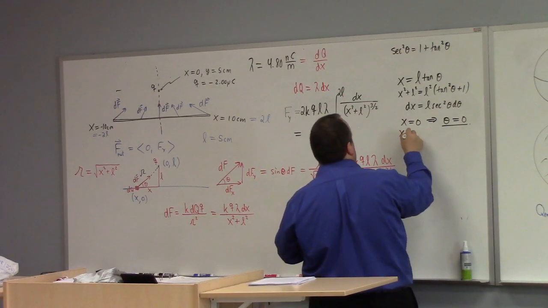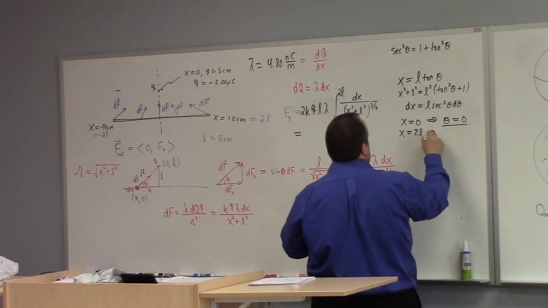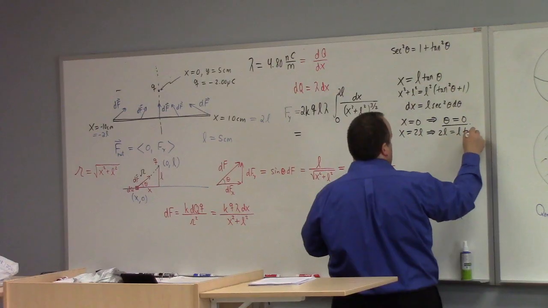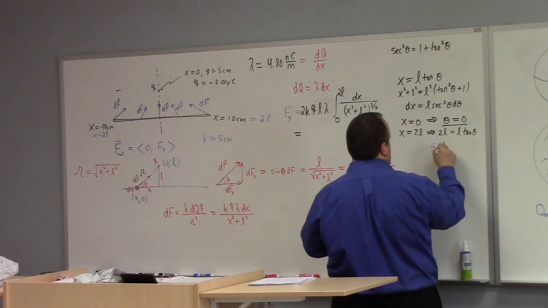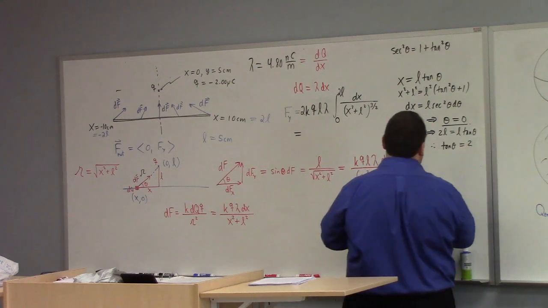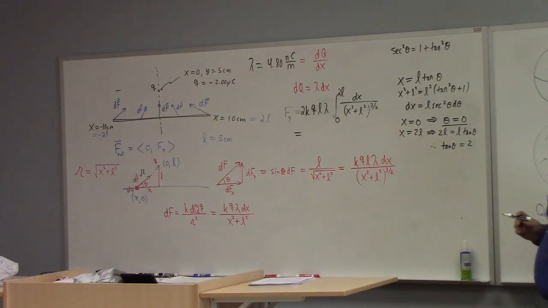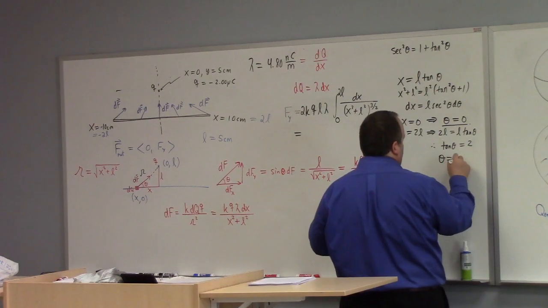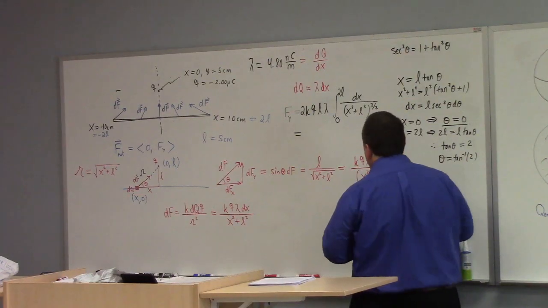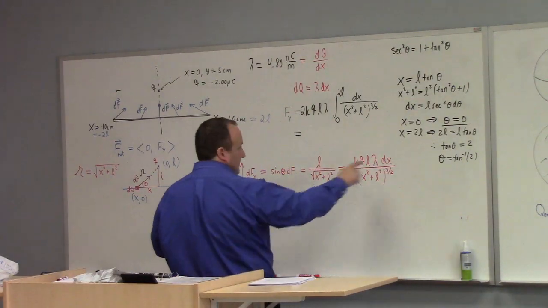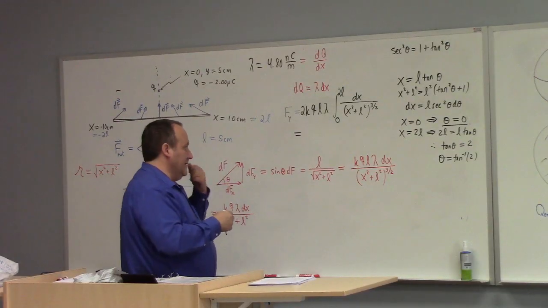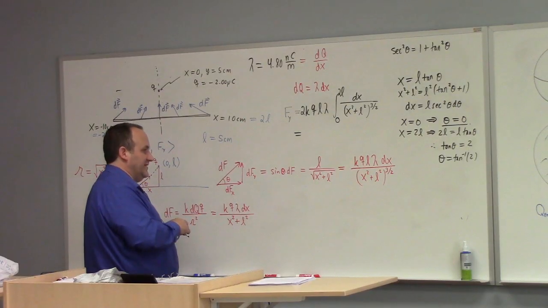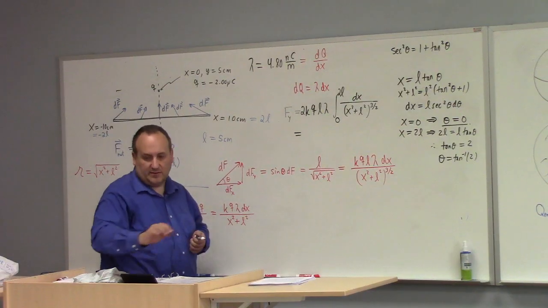And if x is equal to 2L, that tells me that 2L is equal to L tangent theta, which tells me that tangent theta is equal to 2. So I can do inverse tangent of 2, I suppose, although it may be more convenient to come back to that more directly. I feel like I have to erase the dFy now, can I? Okay, good.